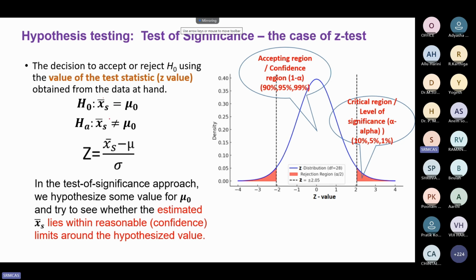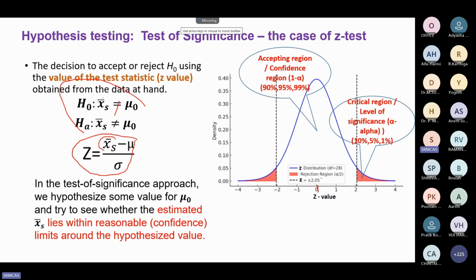If the alternative hypothesis says both are not equal, we have to check whether it is true by measuring the z values. If the null hypothesis is true, then both are equal, which means the z value is 0.